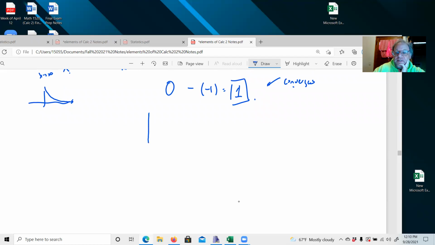So be careful, because again, I'll pull out engineering calculus because that's the easiest one I can think of offhand.